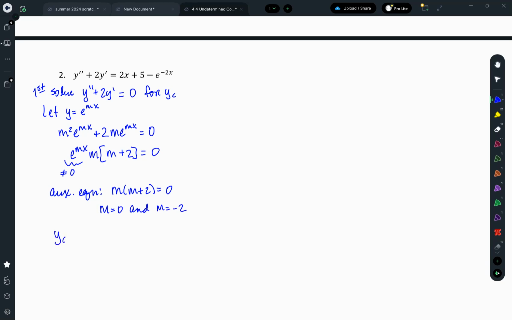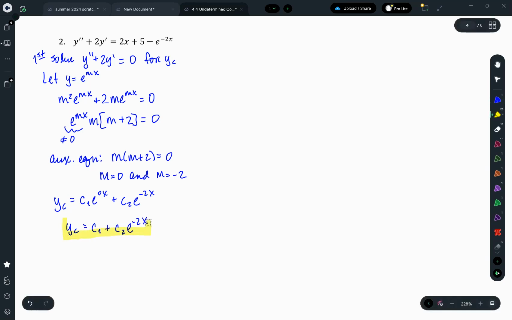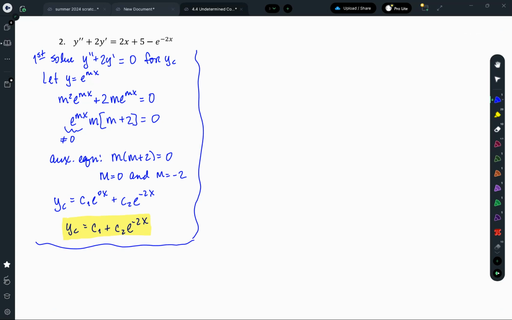So then we can form our complementary solution to be c1 e to the 0x plus c2 e to the minus 2x. But 0x is just 1, so I would simplify that and say y sub c is just c1 plus c2 e to the minus 2x. So that is one part of my full solution, the complementary solution. I always just kind of box off my complementary solution because the particular solution is a lot more work.